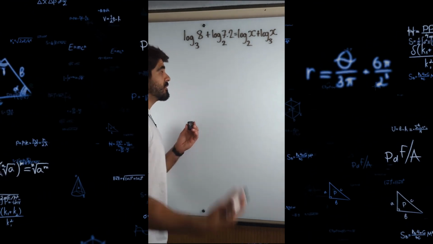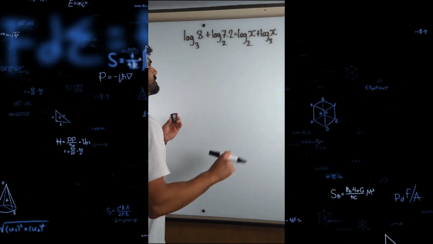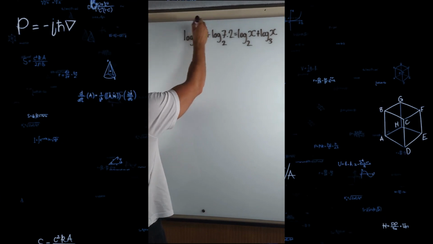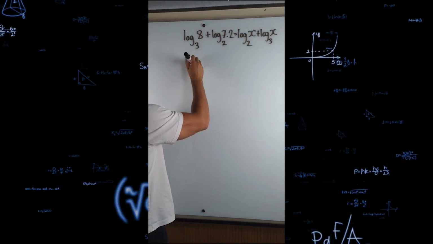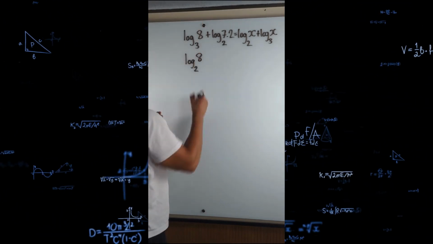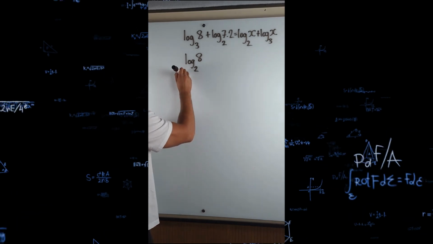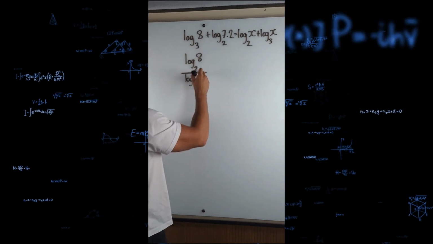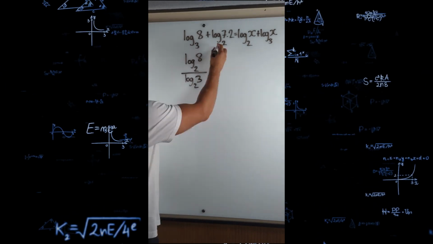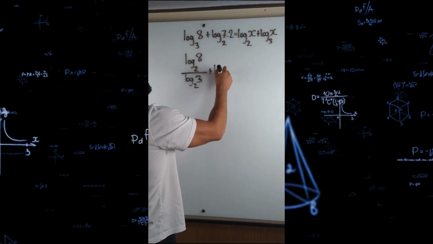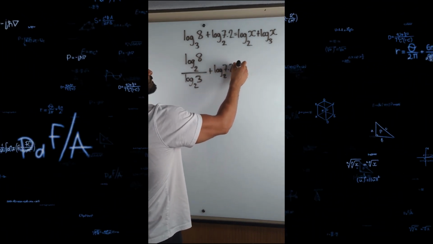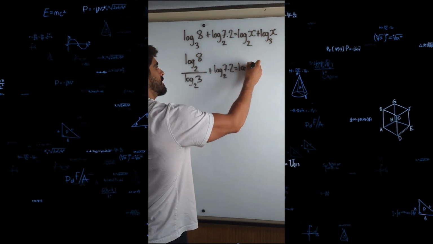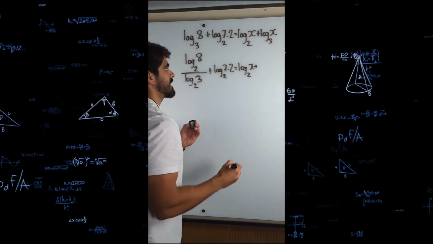So here we have to use the change of base formula, which is actually very simple. How does it work? I want this to be log base 2 of 8. You just rewrite it, but then you divide by log base 2 of the old base. Here, that's already log base 2. This is also log base 2. Here again, I want that to be log base 2.